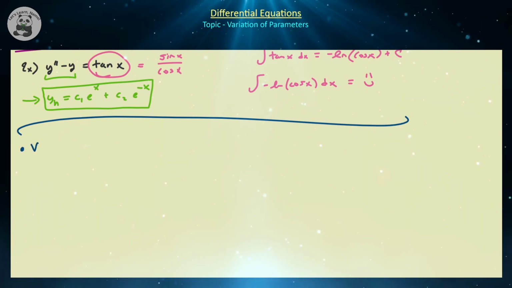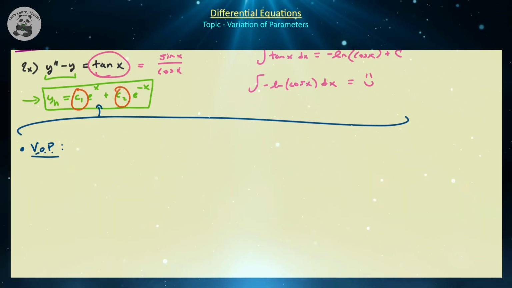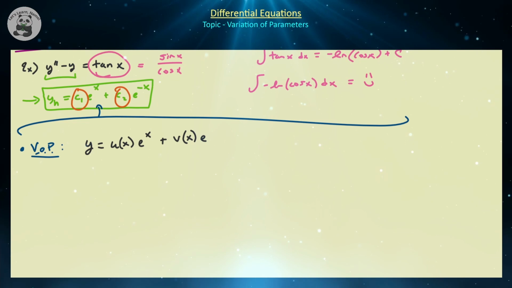So how the variation of parameters, which I'm just going to abbreviate by VOP, goes, is it looks at the homogeneous solution for our homogeneous part of our differential equation, and instead of using c1 and c2 as constants, it assumes that our particular solution is of the form u of x e to the x plus v of x e to the minus x for some functions u and v.